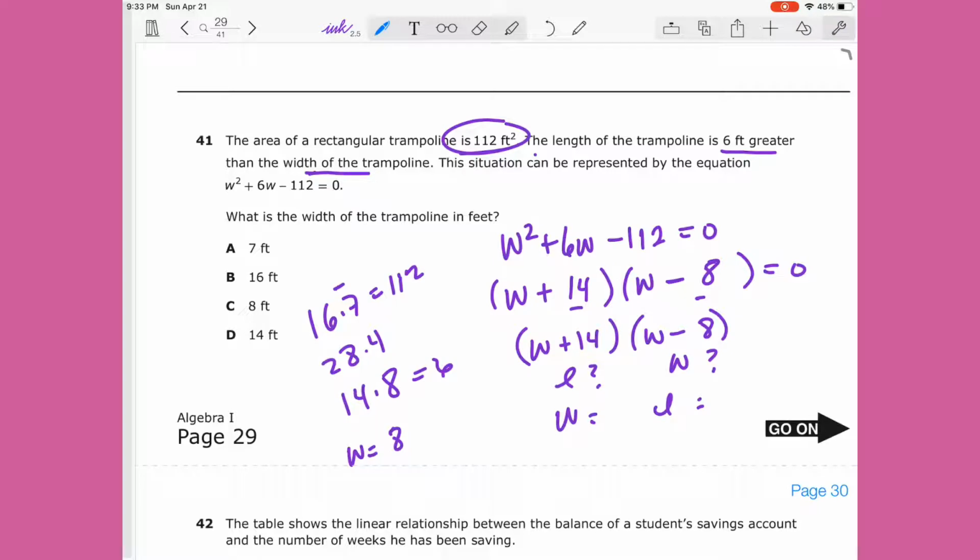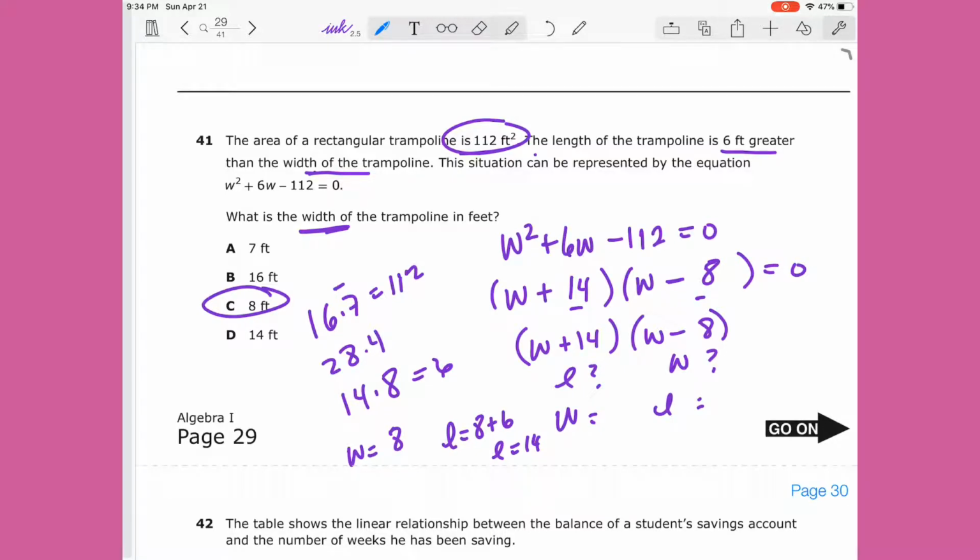Then that means that our length is going to be equal to 8 plus 6, which will give me 14. So my length is equal to 14. 8 times 14 gives me 112. So what is the width of the trampoline? Our width is going to be 8 feet.